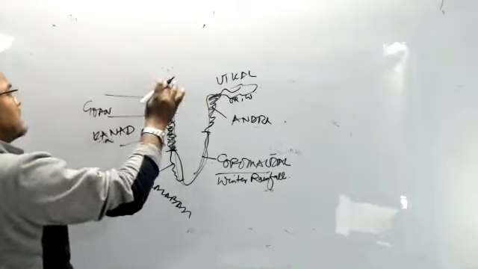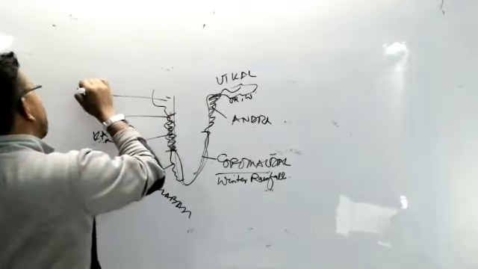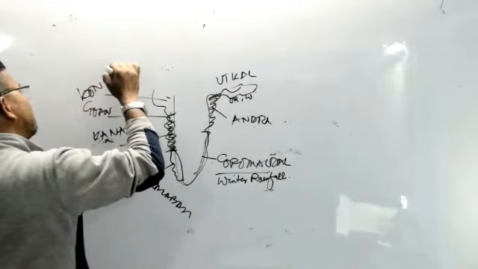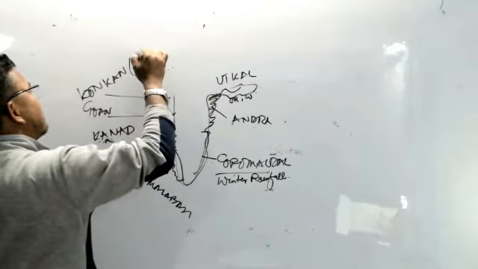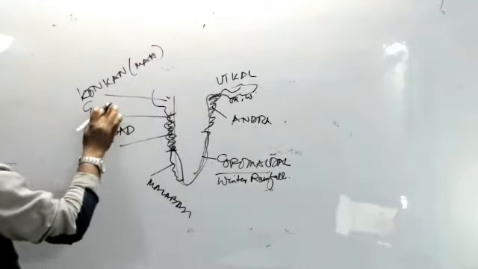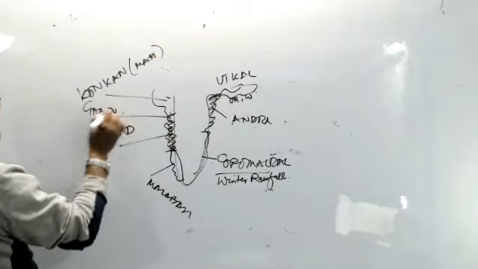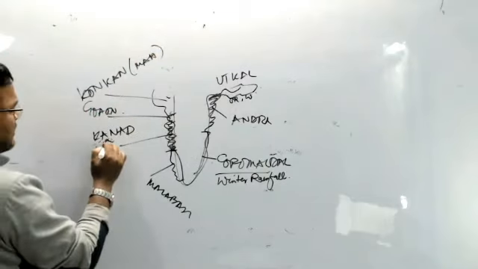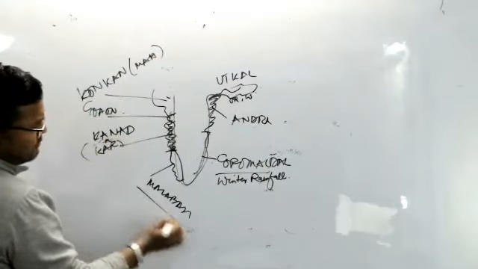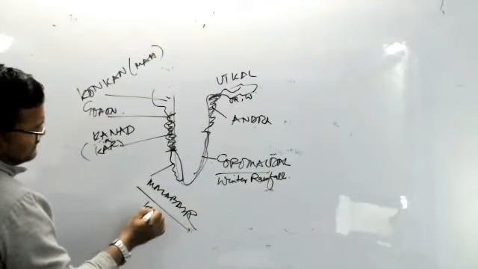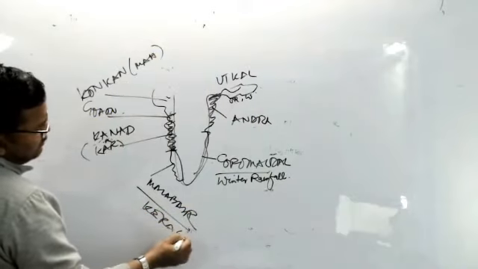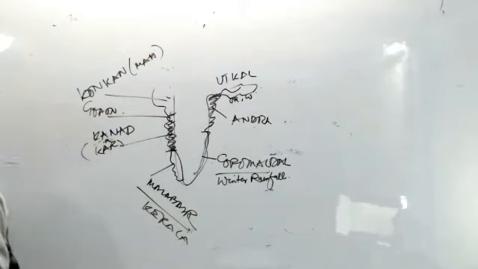And this one is the Konkan Coast. This Konkan is the Maharashtra region. This Goa is the Goan Coast, the Goa region. This is the Karnataka region. And Malabar is the Kerala region. This is also very important for your exam.